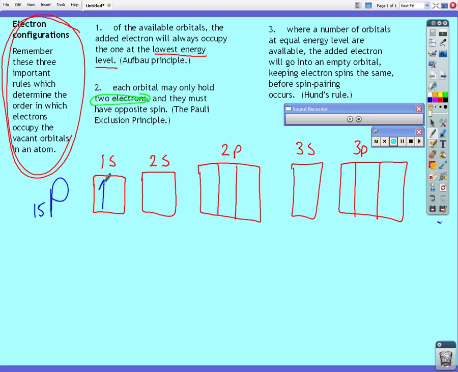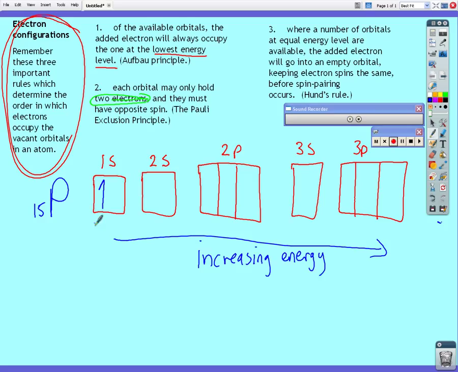That's the lowest energy. Remember, this way is increasing energy. So we've got 1 electron in our first orbital. The second electron is going to go in the orbital of next lowest energy. Well, this orbital can fill with 2 electrons, so the electron's going to go in there.